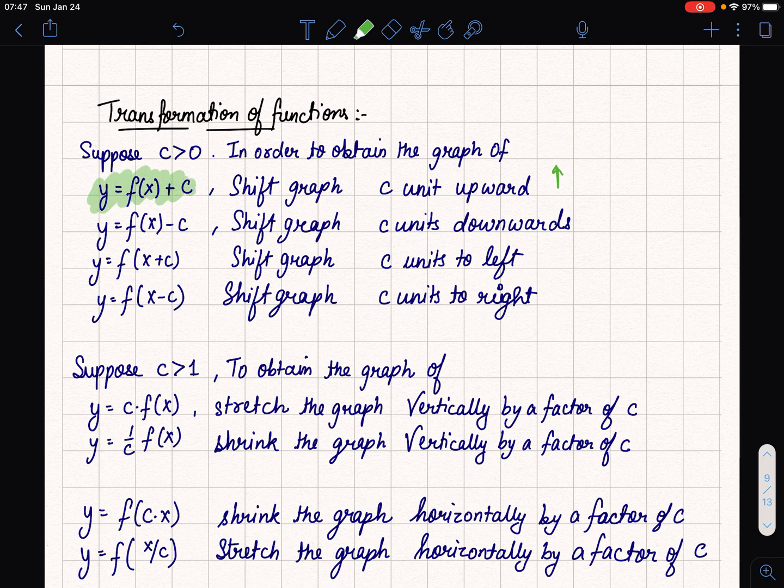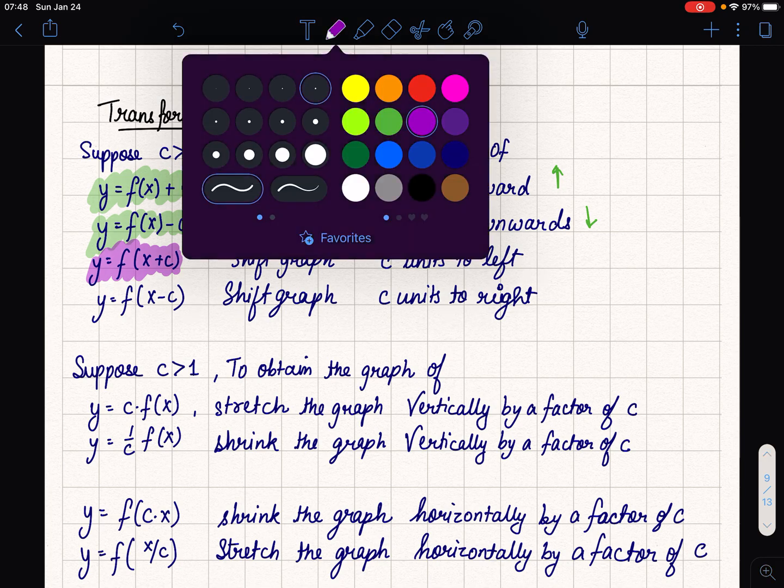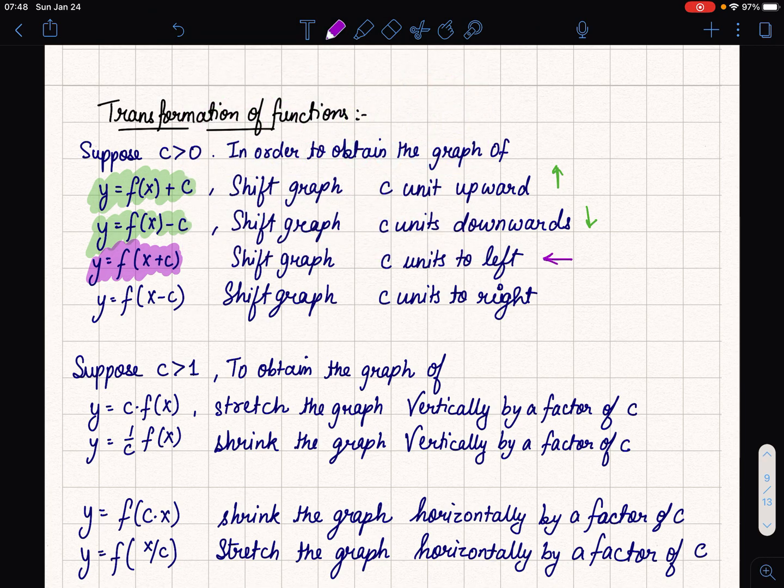You give c units downward shift for f of x minus c. You give c units to the left for f of x plus c, while you give c units to the right for f of x minus c.